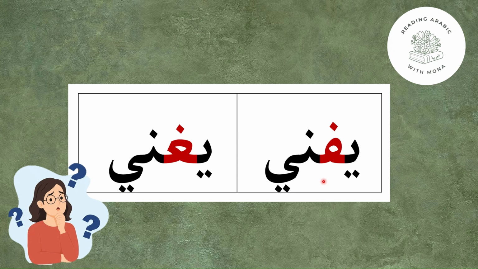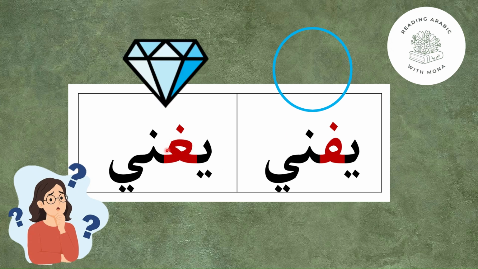It is the medial fa we just learned in the previous lesson. Now, when we have the Ghain with the hollow shape, for a beginner, we can confuse it with the fa. But if you look closely, you notice that the fa has this circular loop or circular shape, while the shape of the Ghain here is like a diamond.